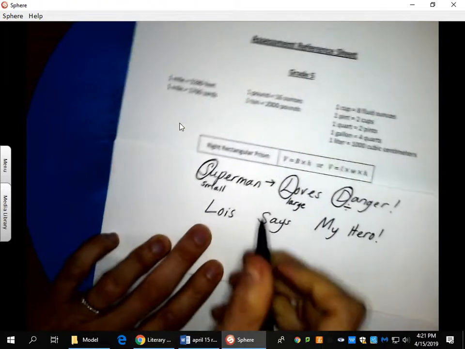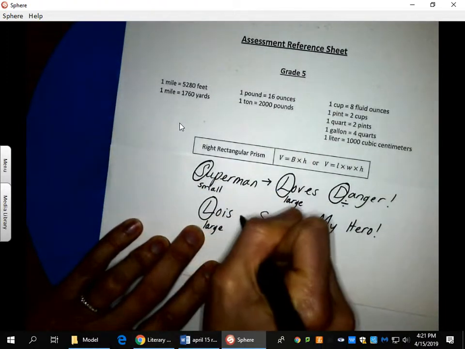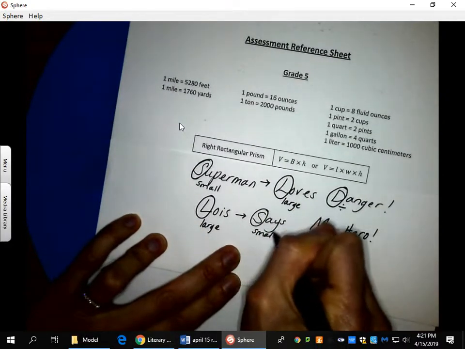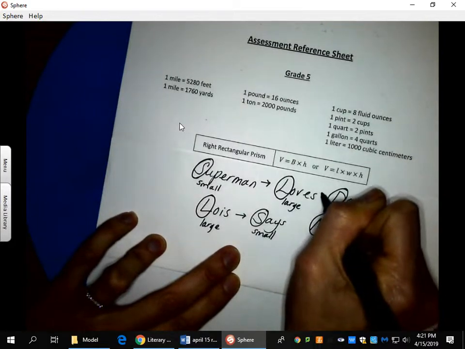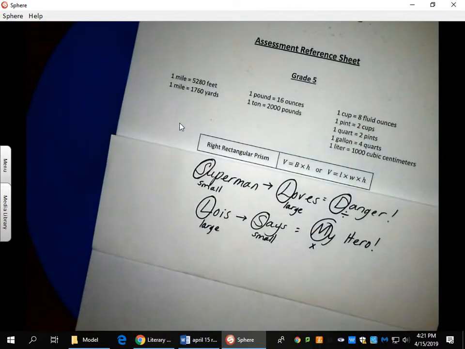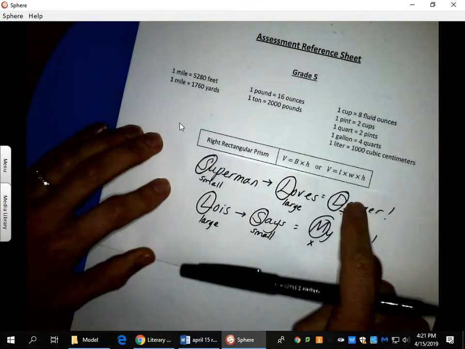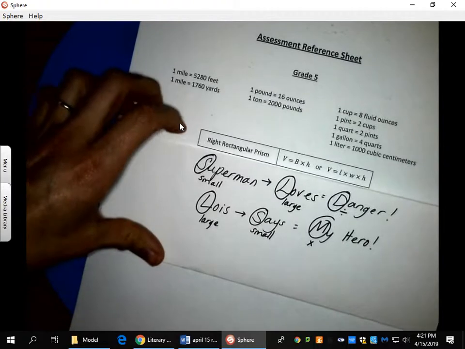And when you have something going from large into something small, you use M, which stands for multiplication. So that's what this trick is. It helps you remember: small to large, you divide; large to small, you multiply. Okay? And let me show you some examples with that.